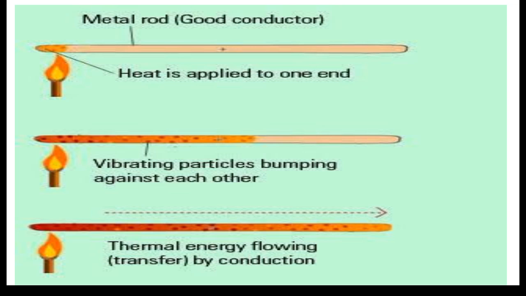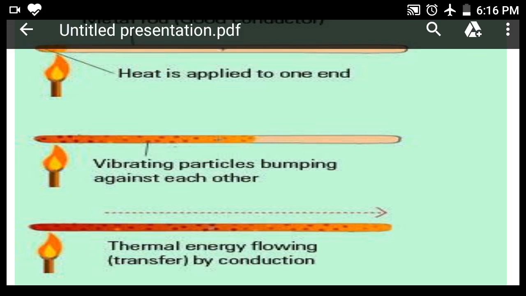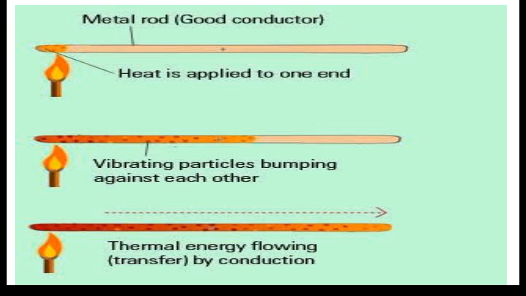Here there is no movement of the metal rod molecules; they stay as they are, at this end and the other end. So these molecules of the metal rod will not move from the hot to the cold end. What will move? Only the heat will move. And how will heat move? By the vibration of these metal rod particles.